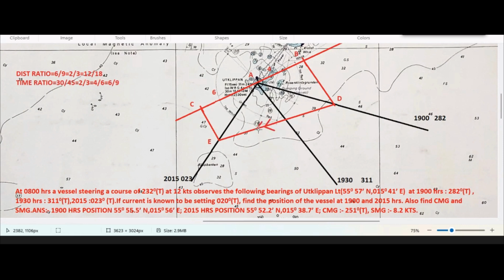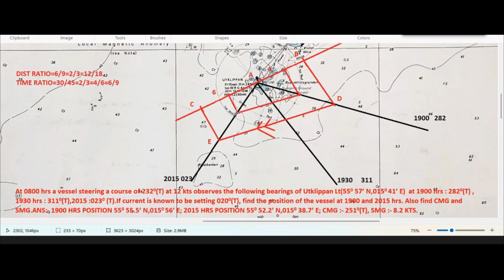Why is it not the position? Suppose somebody takes the 2/3 ratio. I have taken 4/6. Suppose somebody takes 2/3, so you will draw this side 2 miles and this side 3 miles. If you draw the 2/3 ratio and join, you will find these lines are all parallel.